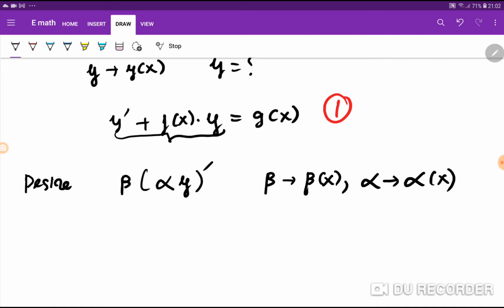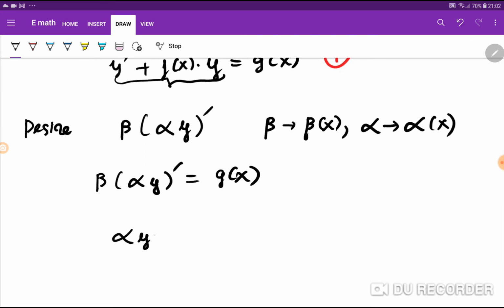So let's say that you can turn the left side of the differential equation into g(x). So you have beta times alpha y prime equal g(x), right? So you have alpha y prime equal g(x) over beta.